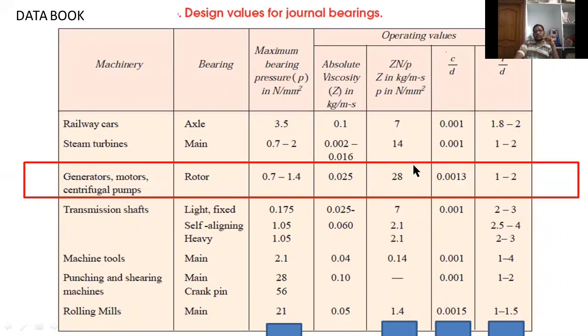So for centrifugal pumps, I consider 28 for ZN by P bearing characteristic number, 0.0013 for C by D ratio, and 1.6 for L by D ratio. Here 1.6 lies between 1 and 2. So these are the values I consider.